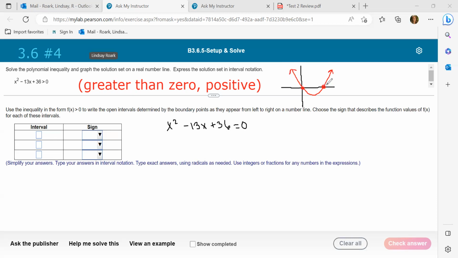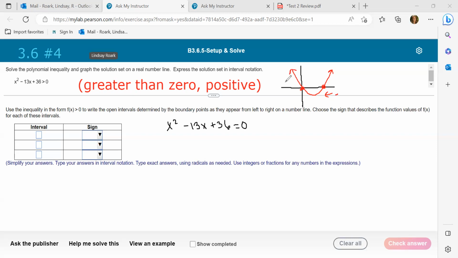Since this is U-shaped, I believe the graph is going to start by decreasing. It's going to pass through the x-axis, where it's going to become negative. Then it's going to reach the vertex, and then it'll turn back up, a nice U-shape. If I had to guess, there are probably going to be two boundary points. And then the test value work is what is happening in the points in between.